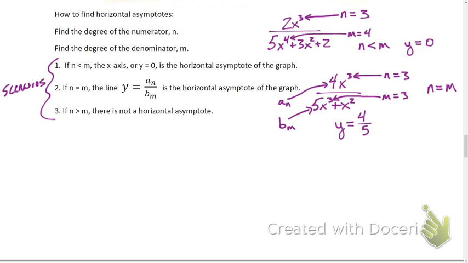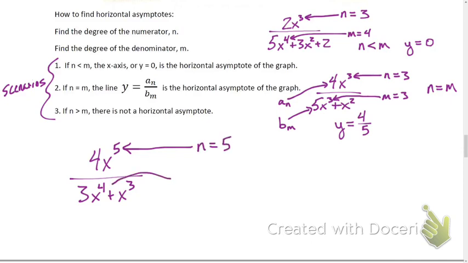Scenario 3 is the easiest. What if we have something like this? Then that is n, this is m, and we see that n is greater than m, no horizontal asymptote.